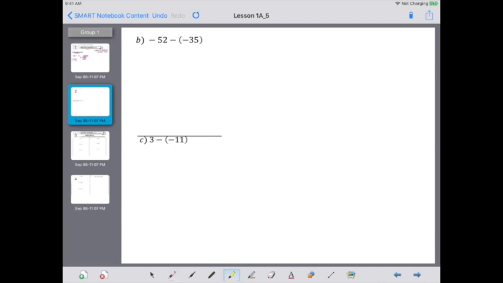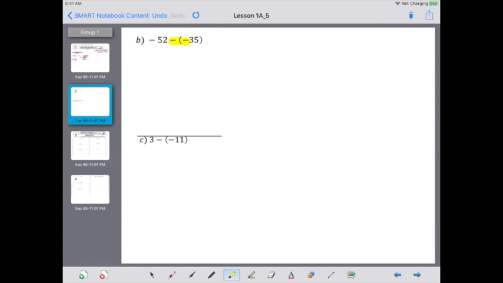I have here a negative that I'm subtracting. So I have two values of negative and negative, but I'm subtracting the two of them. Here's where it's a little bit different with your double bubble.